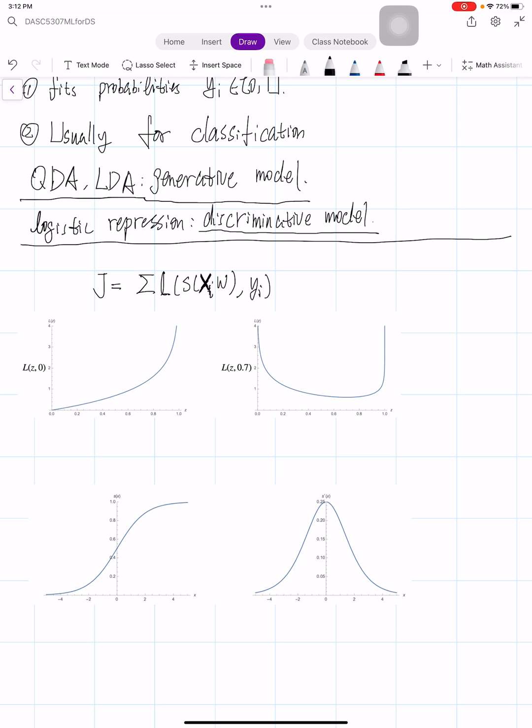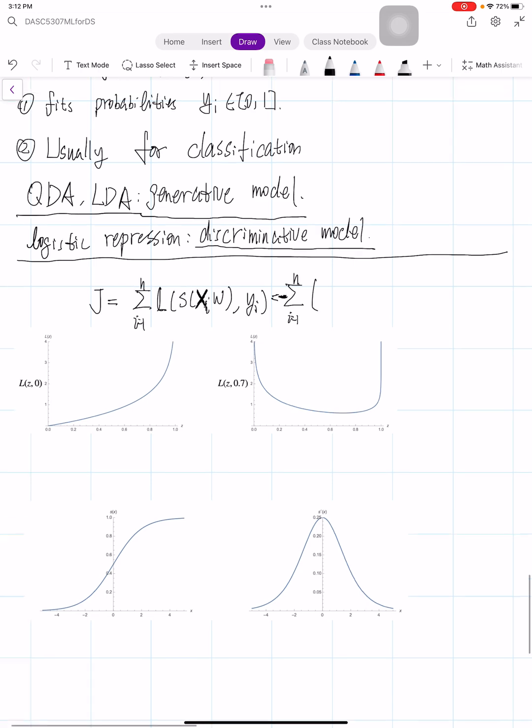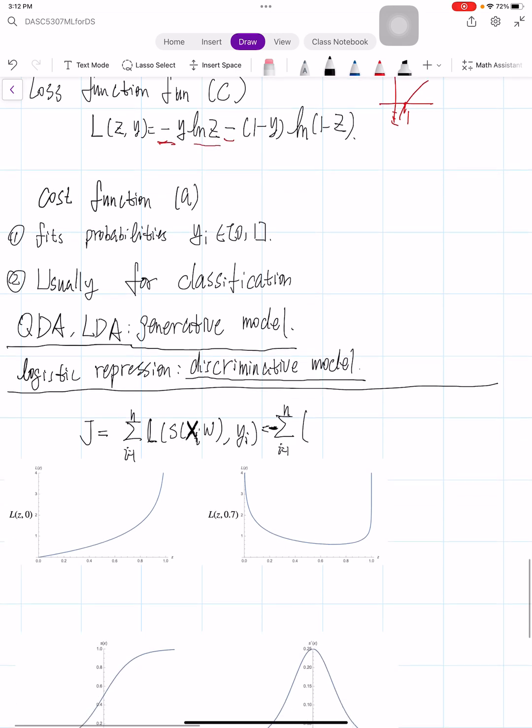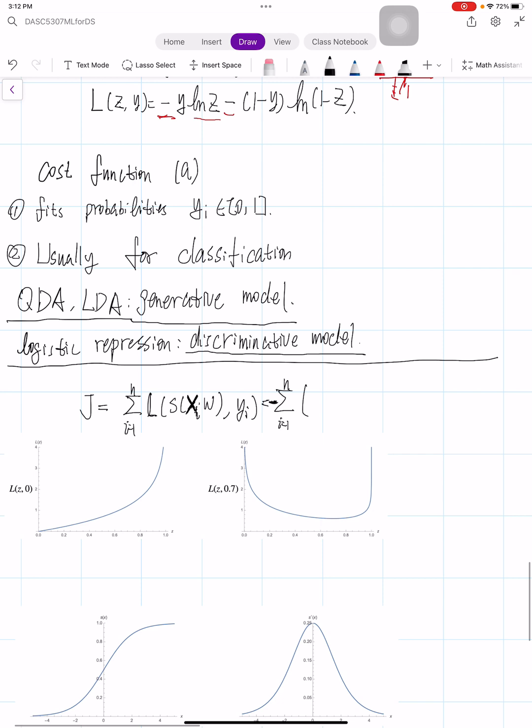For i from 1 to n, we take the negative sign out and average the loss: negative yi natural log S(xi dot w) plus (1 minus yi) natural log (1 minus S(xi w)).